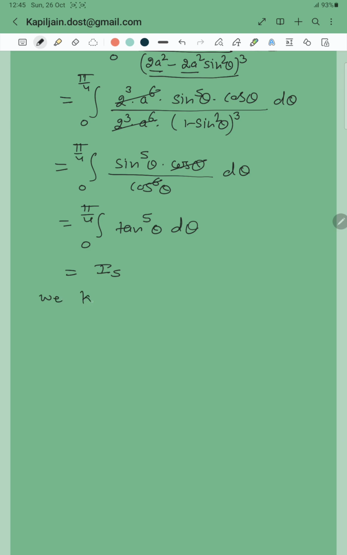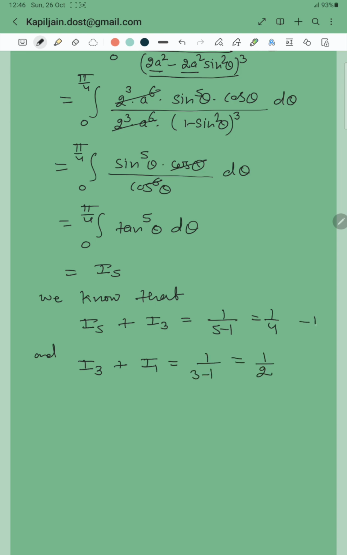We know that by identity 1, I5 plus I3 is equal to 1 by 5 minus 1 means 1 by 4, and again using this identity we get I3 plus I1 is equal to 1 by 3 minus 1 means 1 by 2.